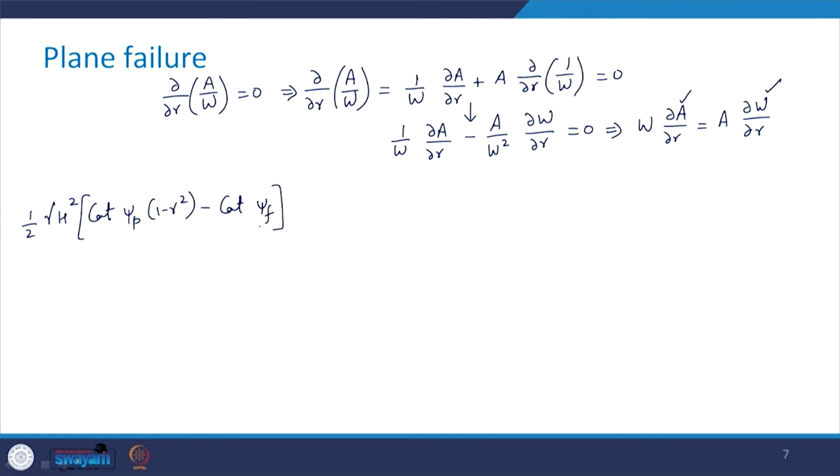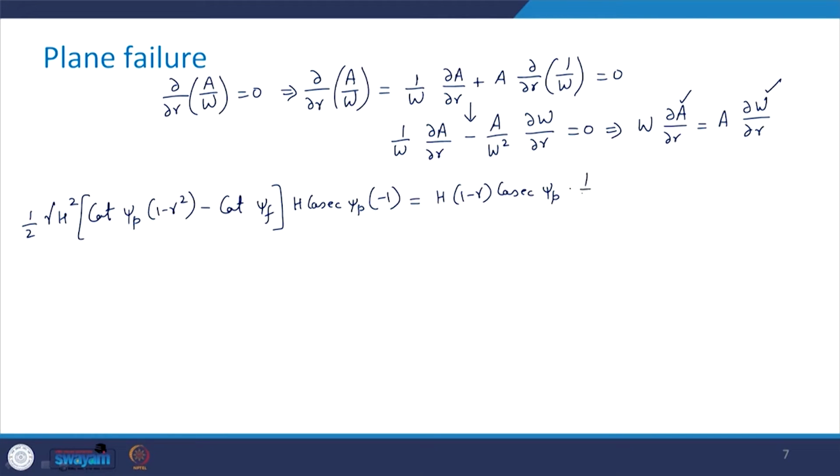This is the expression for W, and del A del r, so this is what we are going to get is h cosec psi p into minus 1, and this would be equal to, I write the expression for A which is h 1 minus r cosec psi p, and del W del r.